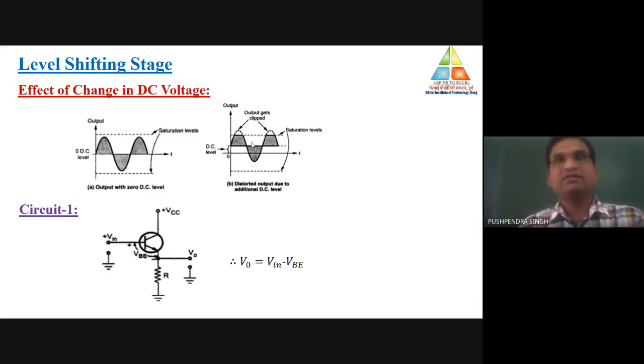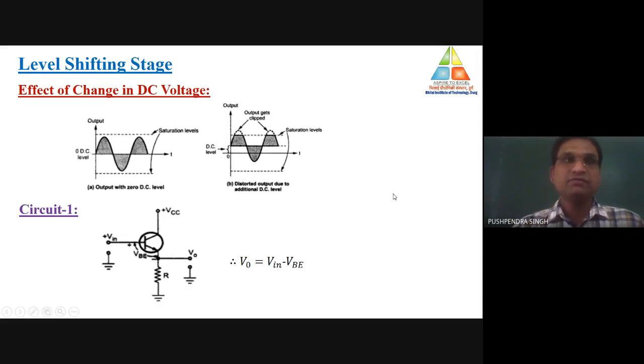That's why, for designing any electronic circuitry, first of all we make sure that there is no change in the value of the operating point. In the IC 741, there was a change in the operating point. Why?